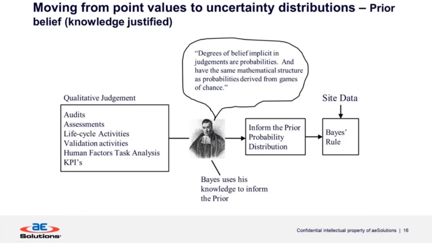Now, qualitative judgments. We do audits, assessments, life cycle activities, validation activities. And I mentioned the prior is a subjective degree of belief that's part of Bayes' rule, and it can be informed by generic data, generic calculations, or qualitative judgments.